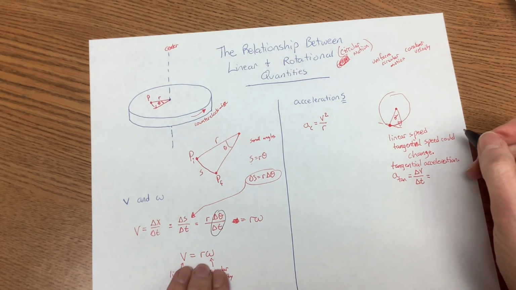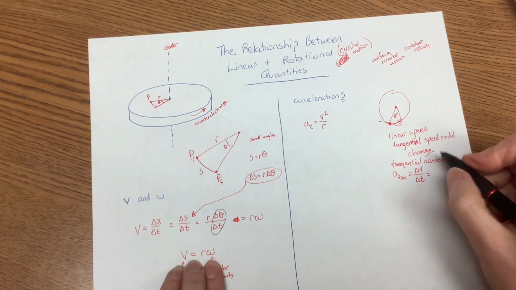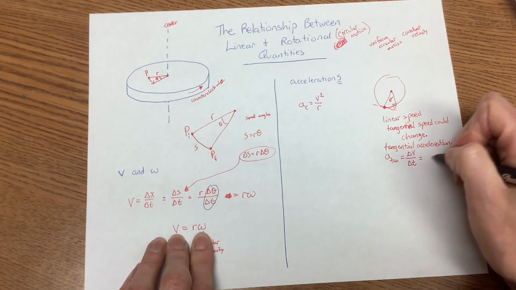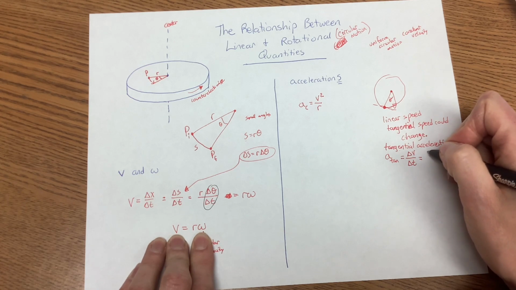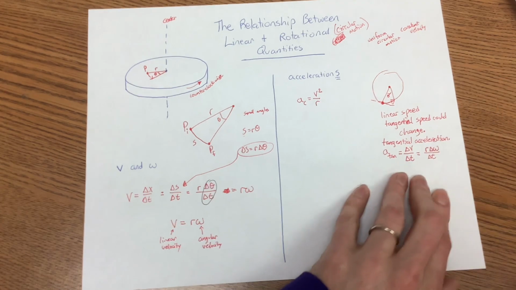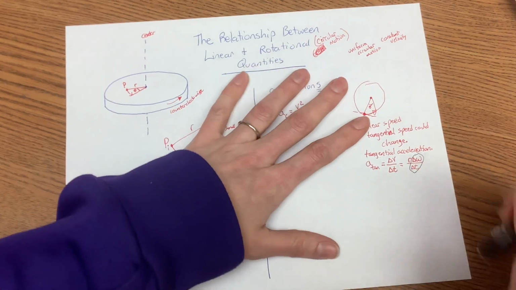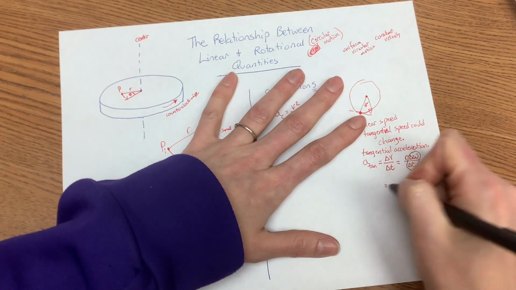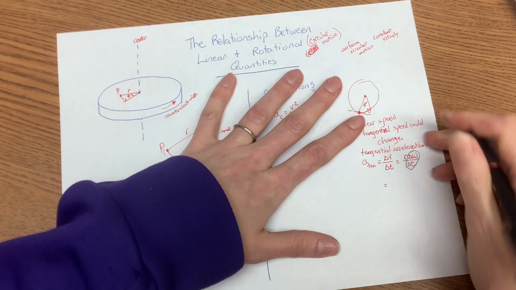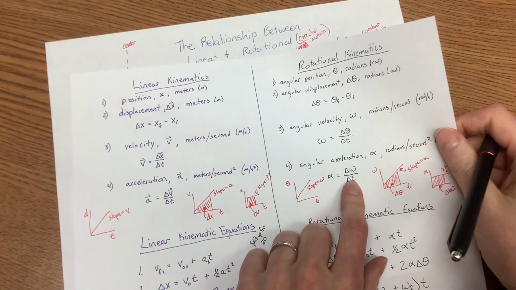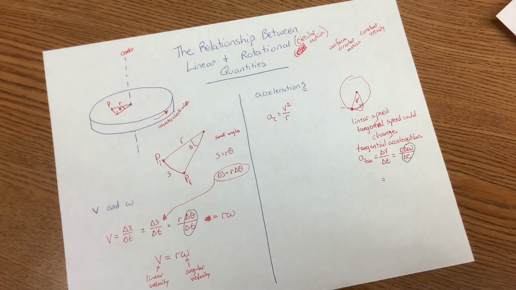So for the linear speed, r isn't changing, right? So we're just going to put in v equals r times omega. So we'll put in r delta omega over delta t. And delta omega over delta t should be somewhat familiar to you, because we just wrote it down, it is alpha.